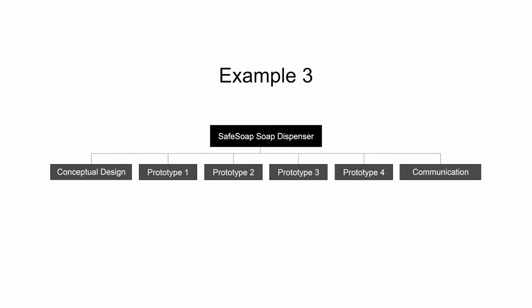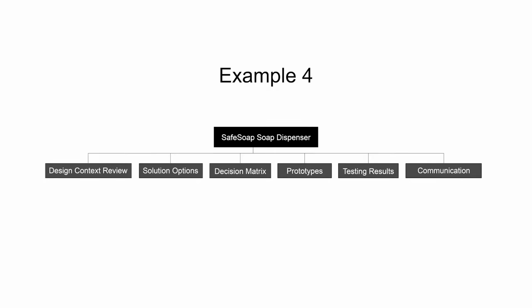A variation of this is listing conceptual design, prototype 1, prototype 2, prototype 3, prototype 4, and communication, where each prototype is listed as its own major task. And finally, example 4 has a work breakdown structure that follows the engineering design process for listing out major tasks.